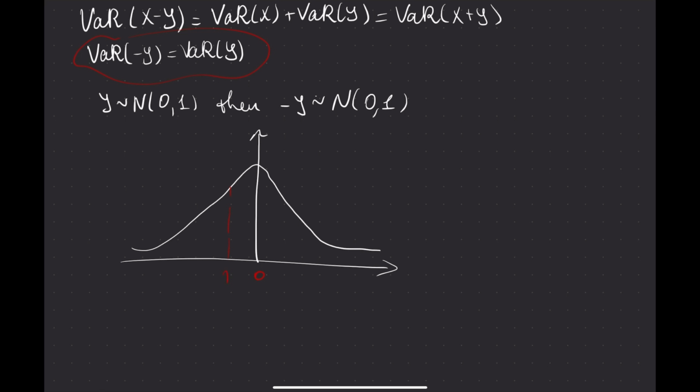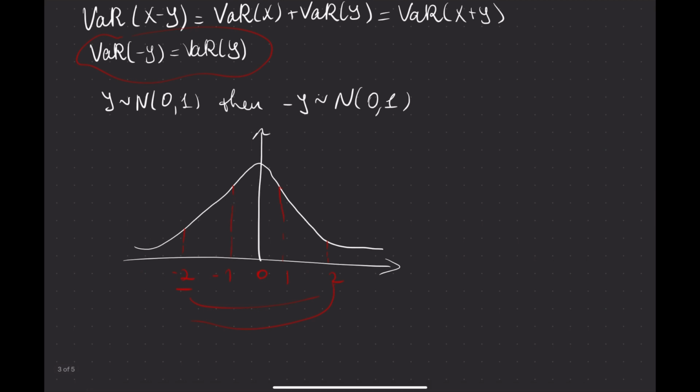Here you have 1, here 2, here negative 1, and here negative 2. When you take negative y, this negative 2 becomes positive 2, this positive 2 becomes negative 2, negative 1 becomes 1, 1 becomes negative 1, and 0 stays the same, that's why we have the same mean.